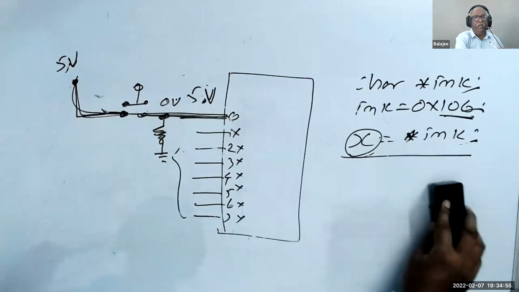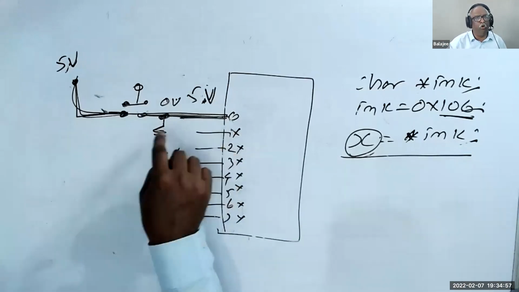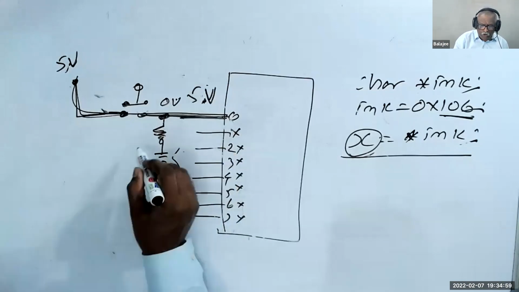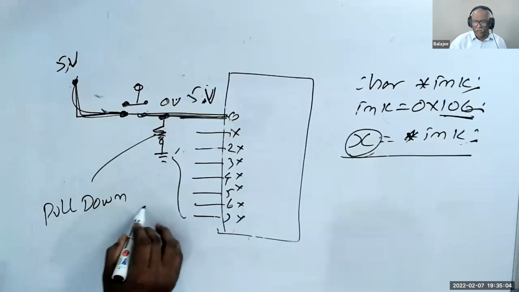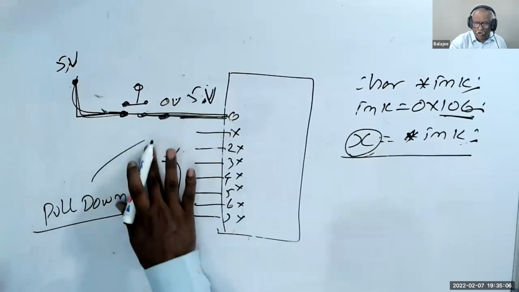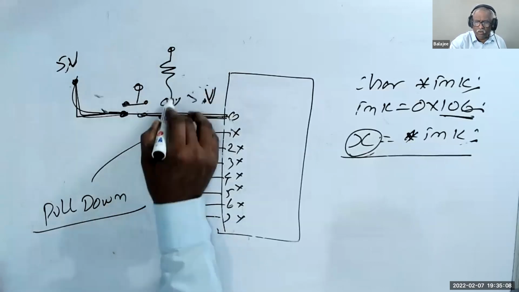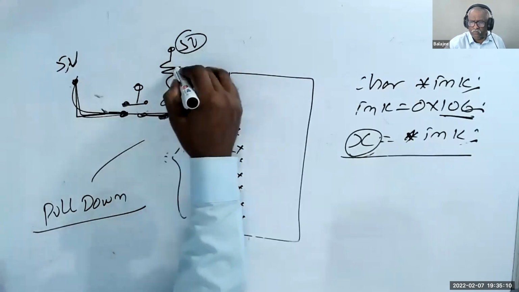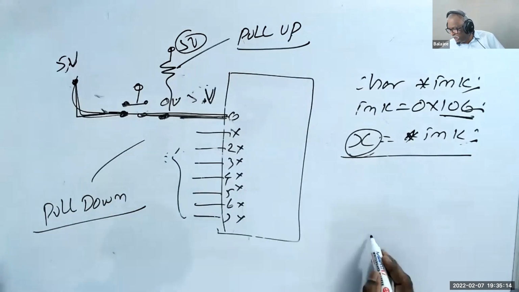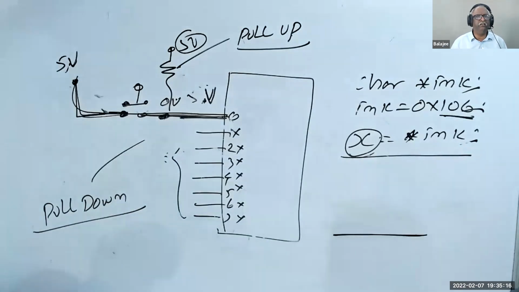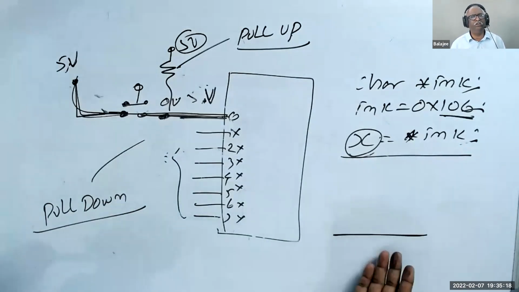If you connect a pin to ground, this is actually called pull down. If you connect the resistor to 5 volt, we call pull up. Why we call pull up: a wire which is not connected may have any voltage.